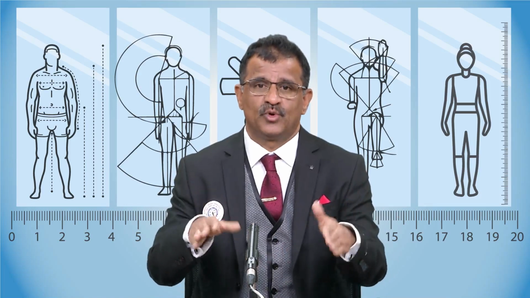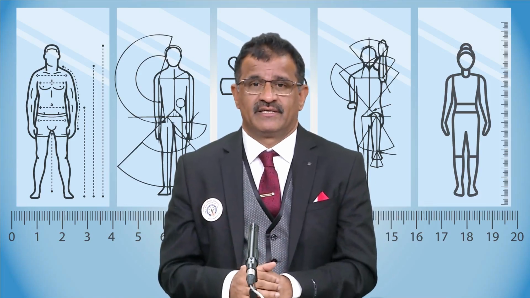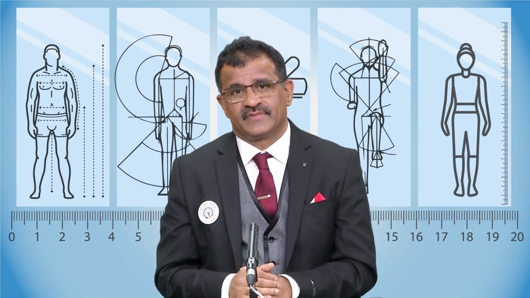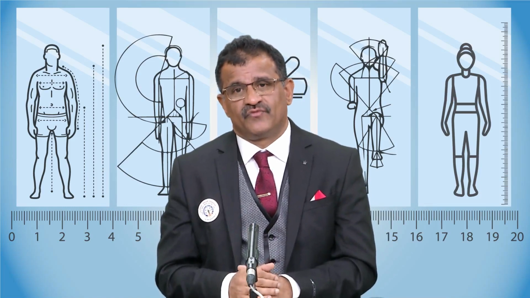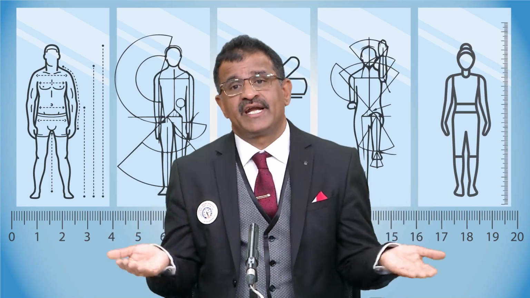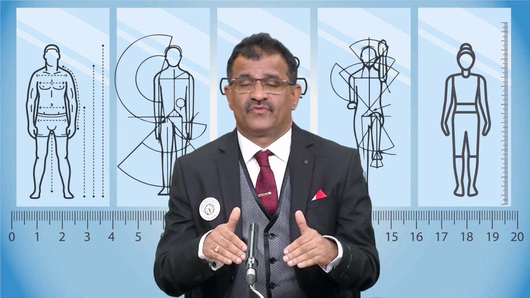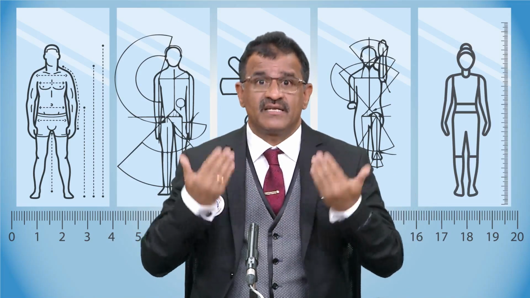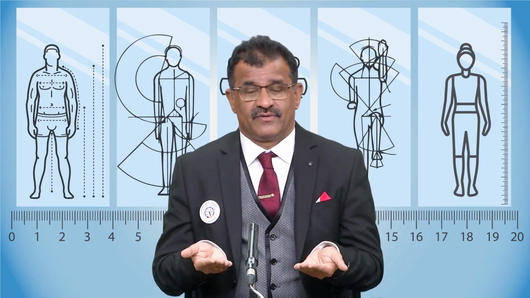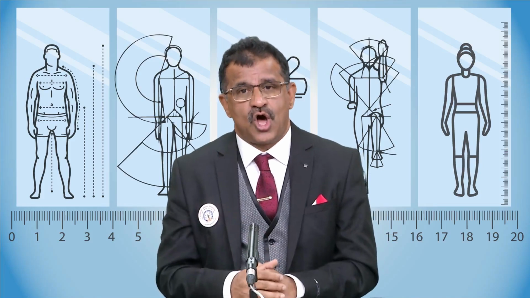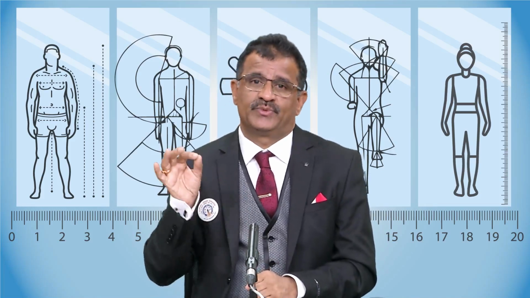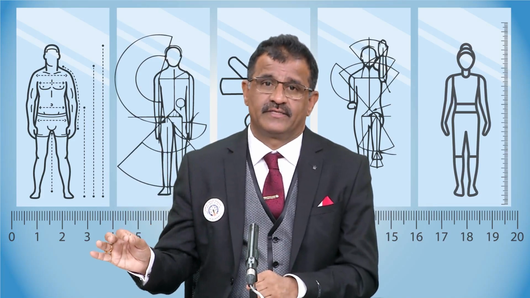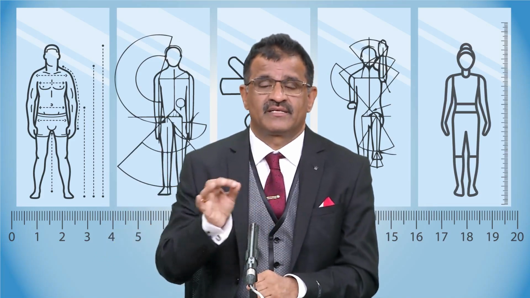We have to explore it by invading it. But here in anthropometry, we do not have to enter the body. We have to just study the body externally. So it is called a non-invasive method of measuring the body.